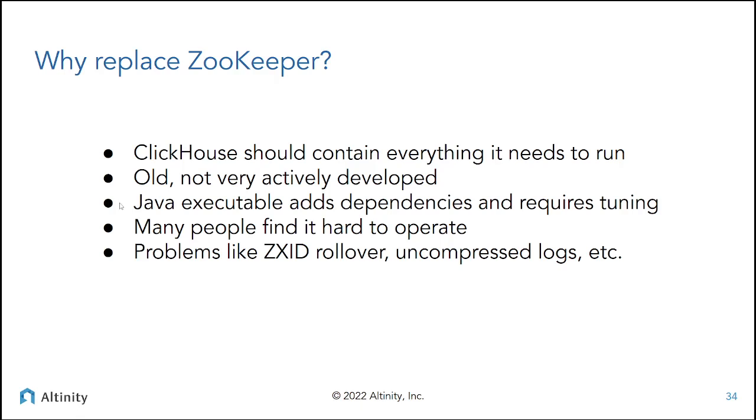Java is a complexity for many people. It adds extra dependencies. If you want to run lean, it requires tuning. A lot of people just find Zookeeper hard to operate, and there are some specific problems that contribute to this, like the ZXID rollover problem that has been a long-time issue, as well as things like logs being uncompressed. So these are all good reasons for replacing Zookeeper with something better.